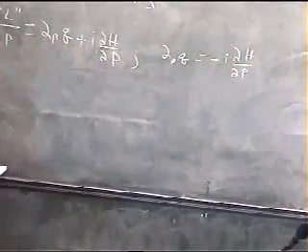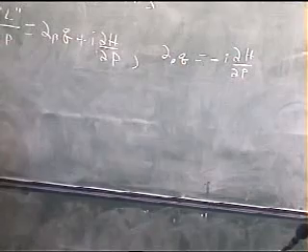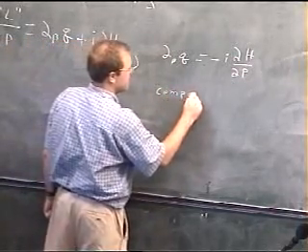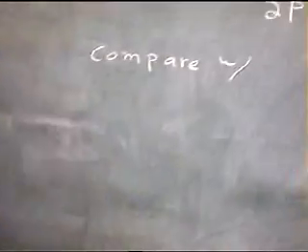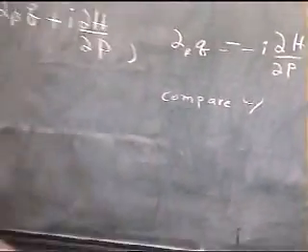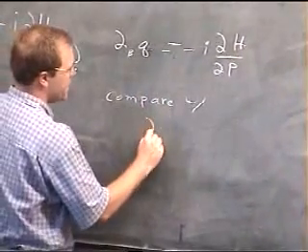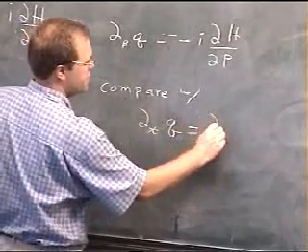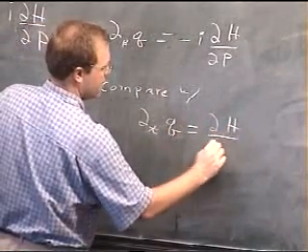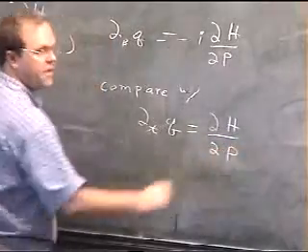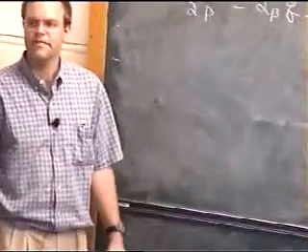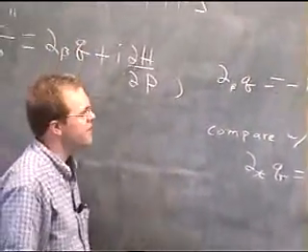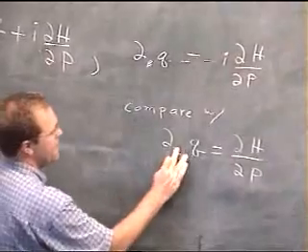Okay. Now, what I want to do for a moment is to compare this with the real equation of motion for this system. The usual Euler-Lagrange equation would be dt q is equal to dh dp. Right. Okay. So this is different. And how is it related? Well, let me make this more explicit.